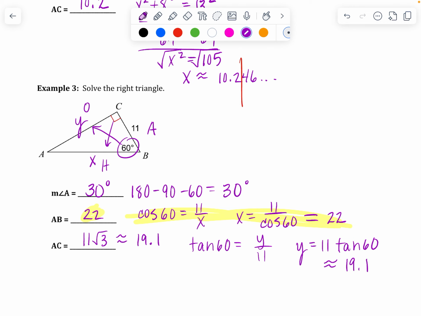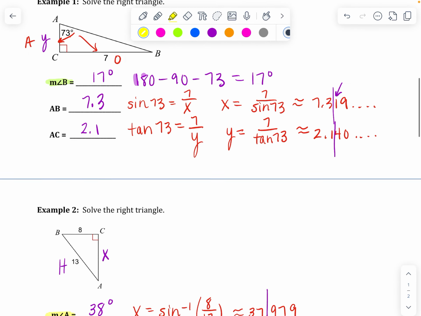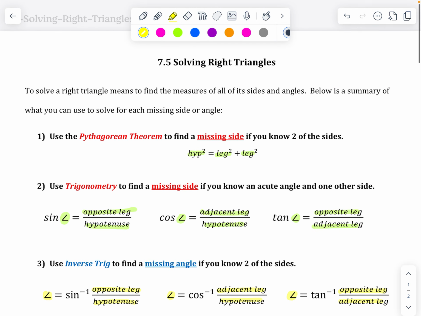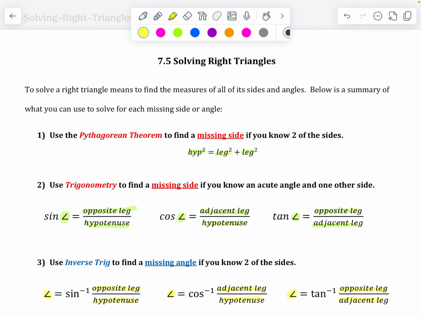So memorizing those specials from the beginning of the chapter can save you a lot of time. But if you don't have them memorized, you could also just do all of this trig work and still get the right answer. All right, so that's how you do what's called solving a right triangle. You look at your right triangle and you ask what angles and what sides are missing. All triangles have 3 angles and 3 sides.